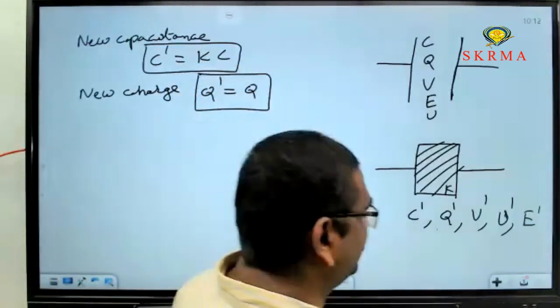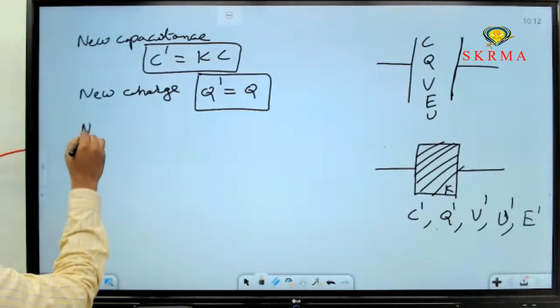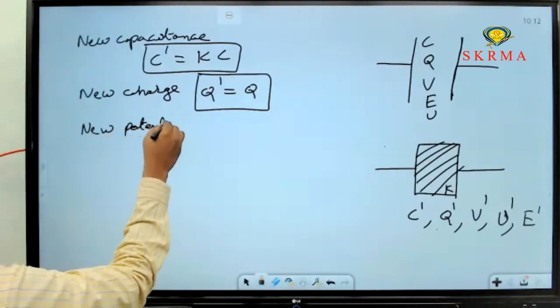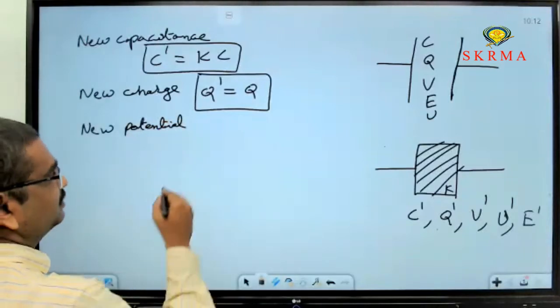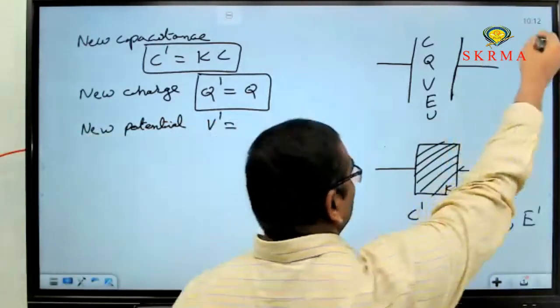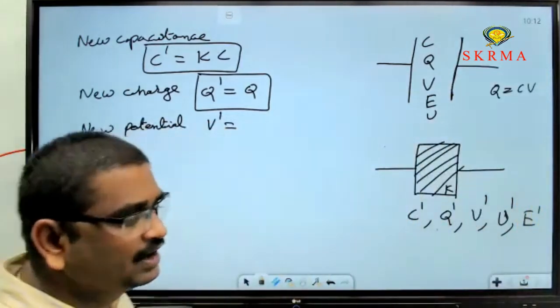Next, new potential. So V dash. What is the formula for the relation between Q, V, C? Q equal to CV, right?